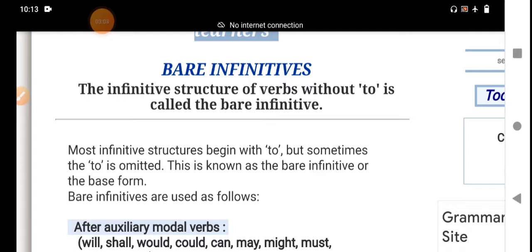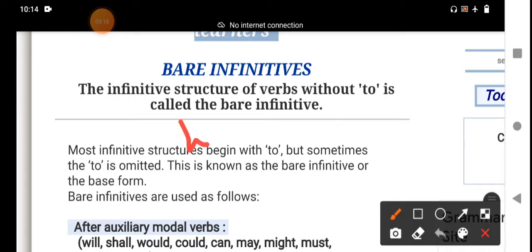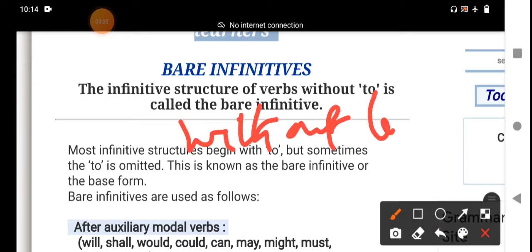I will explain in detail in this class about the bare infinitive. The infinitive without to, before that base form of the verb, is called a bare infinitive or base form of the verb. This is the verb's basic form, present form.